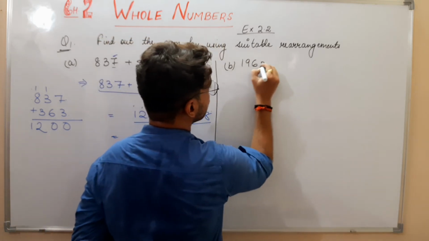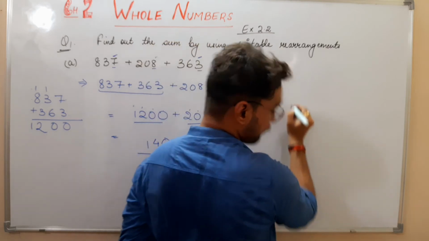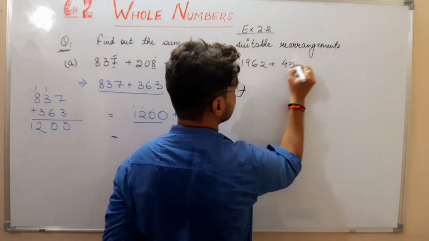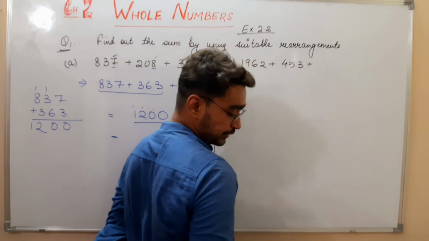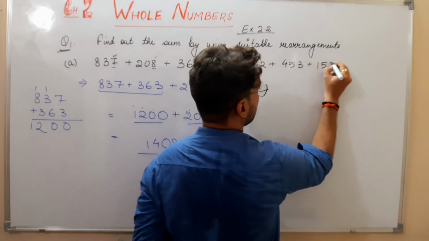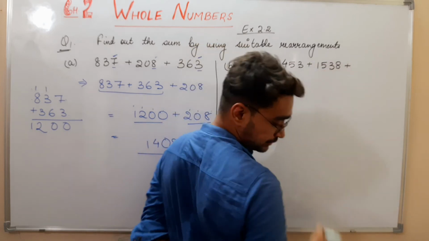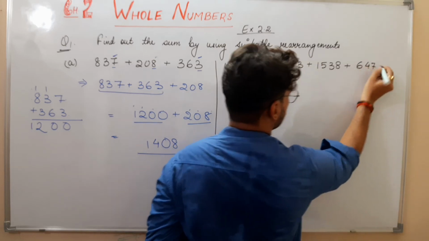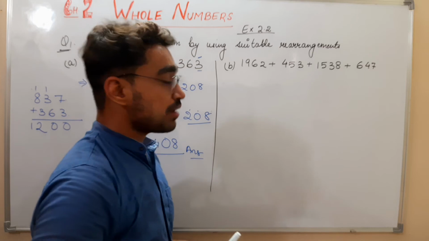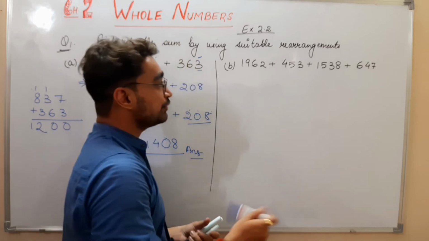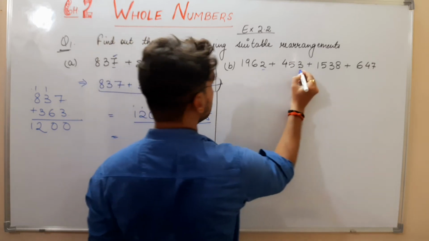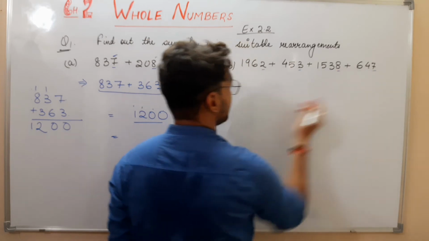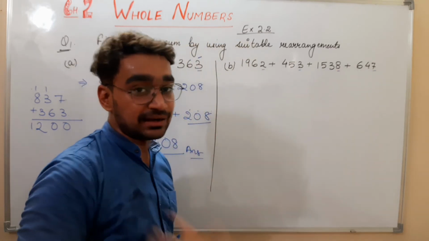Part B: 1962 plus 453 plus 1538 plus 647. Now again what I will do here, I will check the ones places, like 2, 3, 8 and 7, which I can add to get 10 at the end.